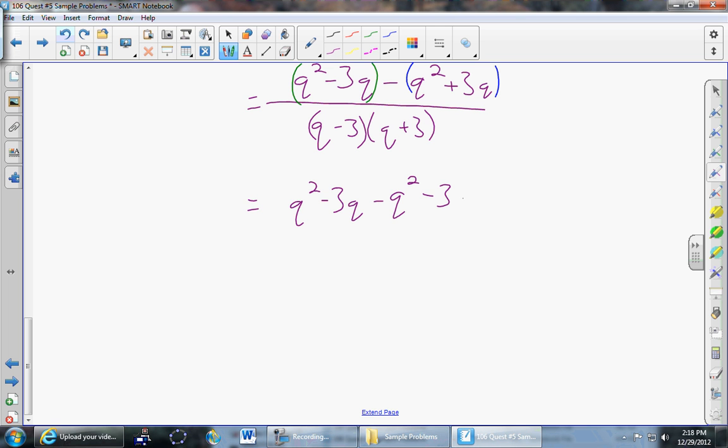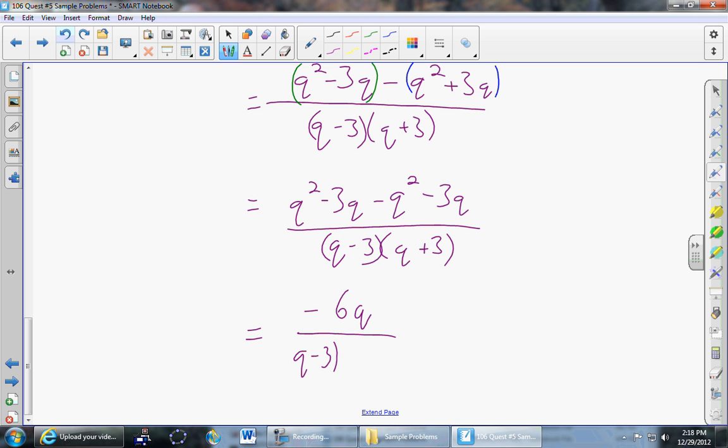They're going to have a plus sign there because they didn't distribute the negative. Okay, and now finally we're ready to combine like terms upstairs. The q squared minus q squared goes away. Negative 6q is all that's left. And then we'll copy the denominator again. No need to distribute there. And that's our answer. It's a lot of work.